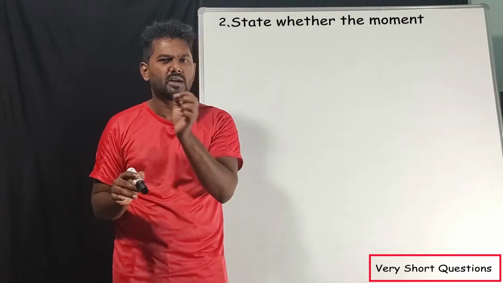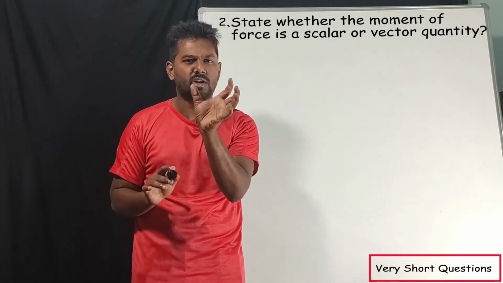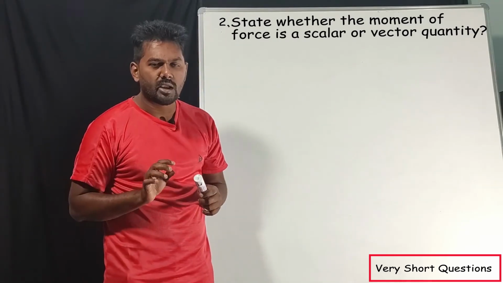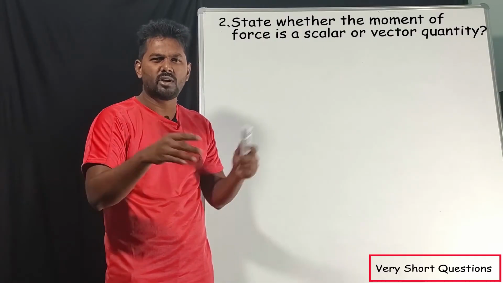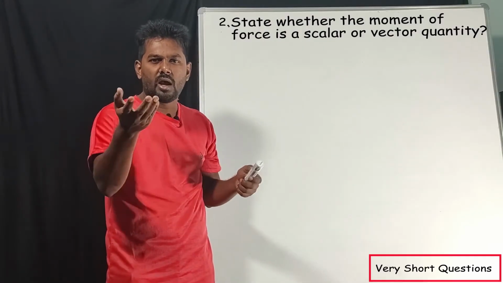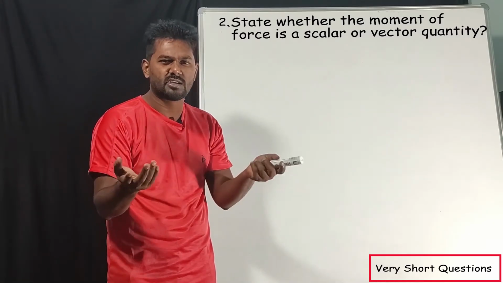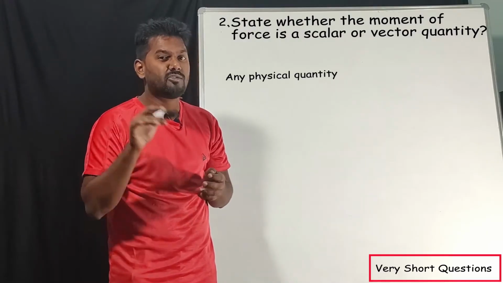State whether the moment of force is a scalar quantity or a vector quantity. Very simple. Listen, first you need to know the condition. So how can we say it is a scalar or a vector quantity? Any physical quantity, what do you mean by physical quantity? Don't worry, the work done, current, potential difference, any words which we are using in physics, which should have some formula, those are called physical quantities.